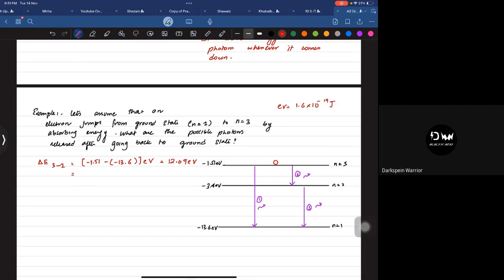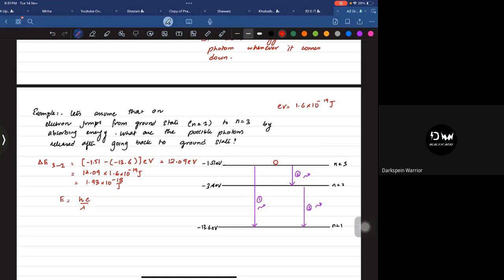So it's going to be 12.09 times 1.6 times 10 raised to minus 19 joules. This will give you about 1.93 times 10 raised to minus 18 joules. Once you have the energy, you can write photon energy is equal to hc over lambda.